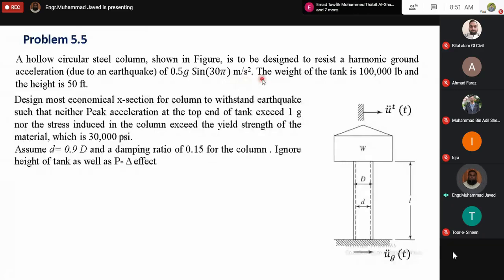Weight of the tank is 100,000 pounds and its height is 50 feet.